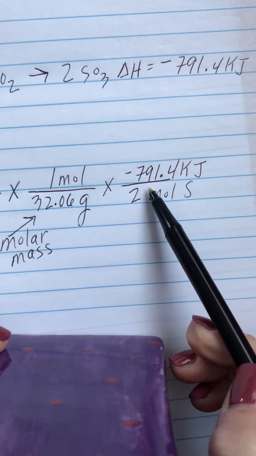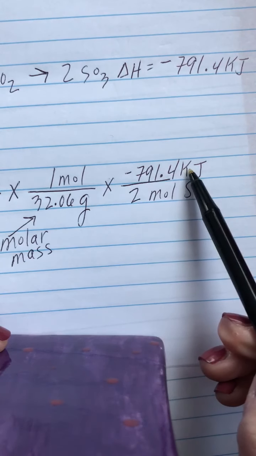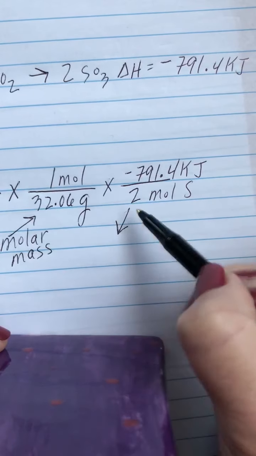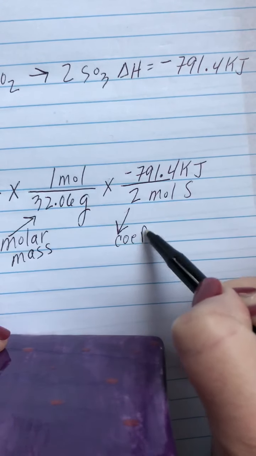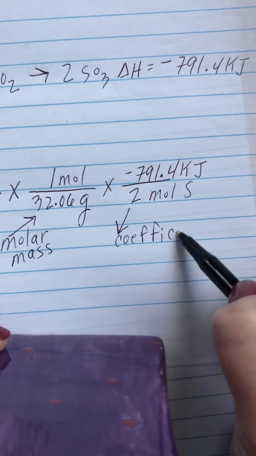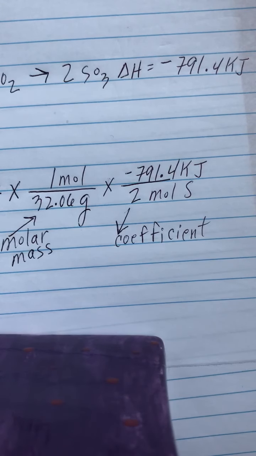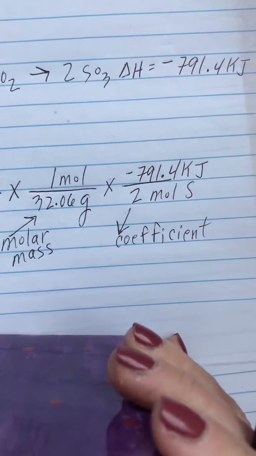I'm using the negative delta H value on the top. On the bottom, I'm using the coefficient in front of the sulfur. According to the balanced equation, there are 2 moles of sulfur reacting.